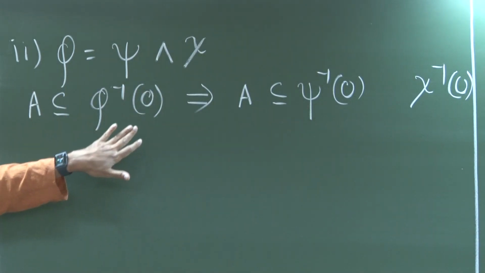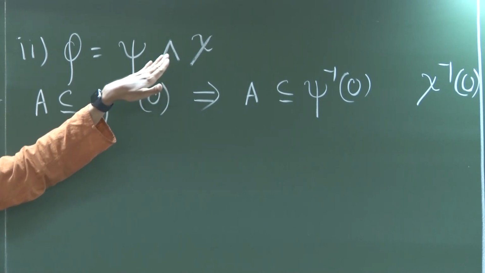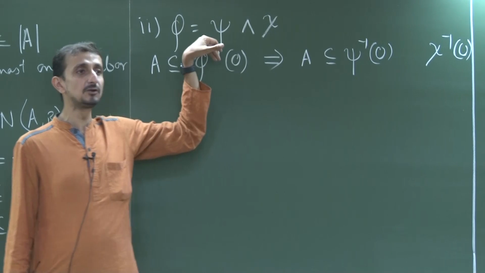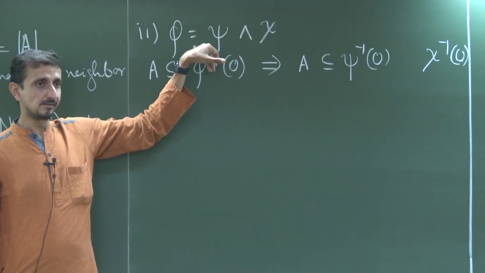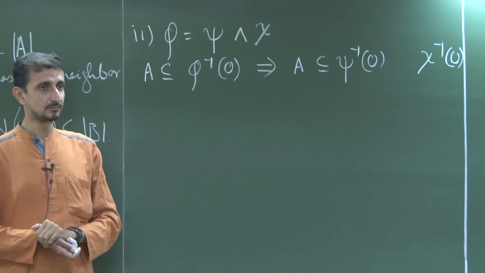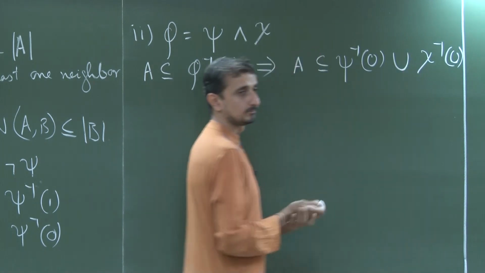Suppose I have an input, so what does the AND mean? If I have a 0 over here or a 0 over here, it is a 0 over here, right. So, if one of these two go to 0, then it will go to 0. So, it will be union, not intersection. Okay.